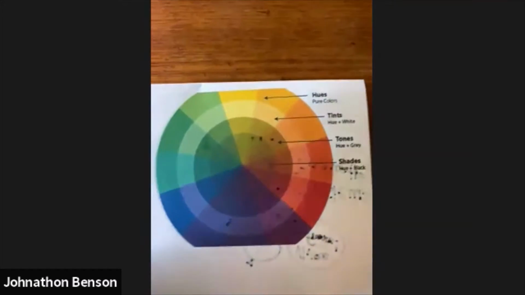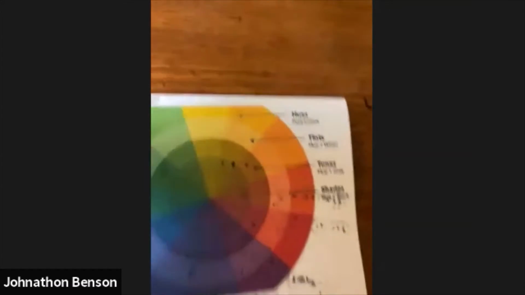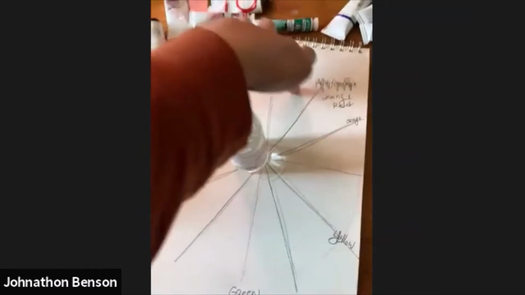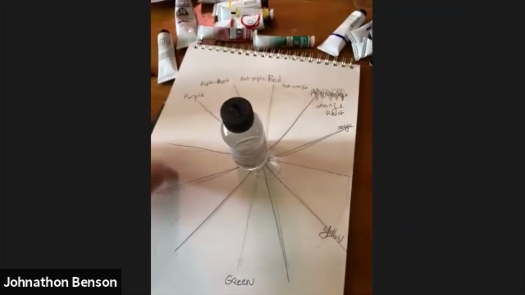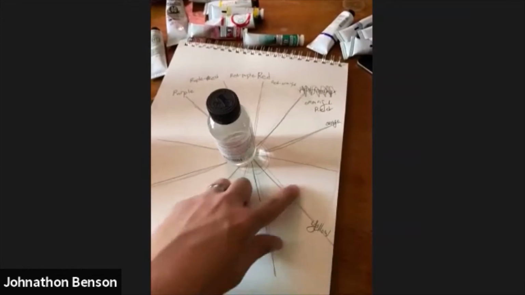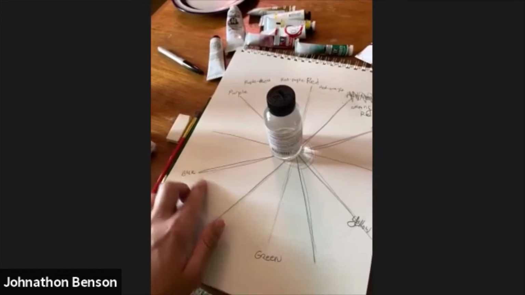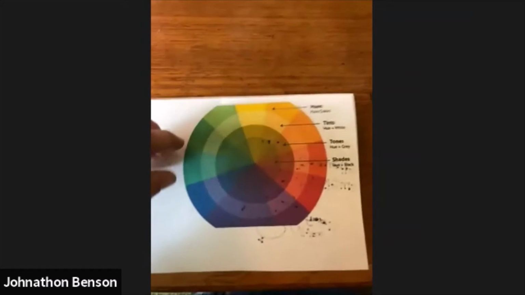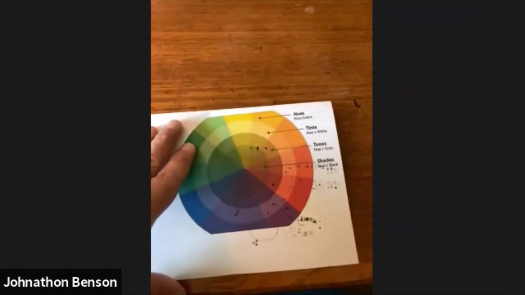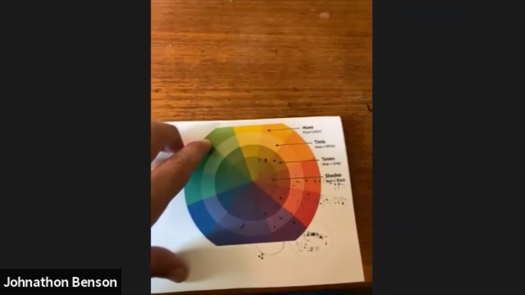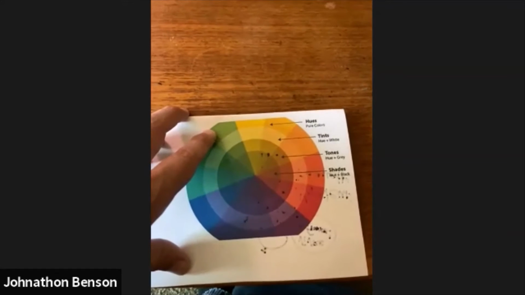Okay, so hues. Hues are any of these colors around the outside that are mixing together. They could be orange, orange red, yellow green, green blue, blue green, whatever it happens to be. But those are all hues. So these are all basically pure colors.